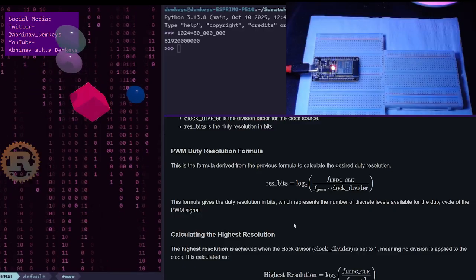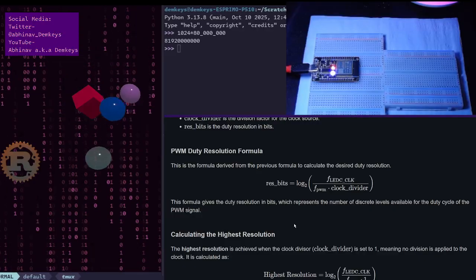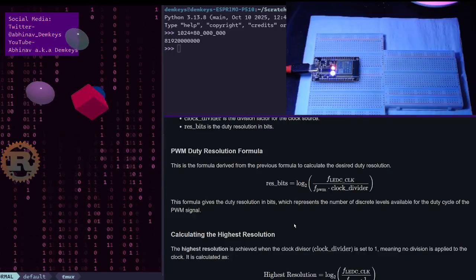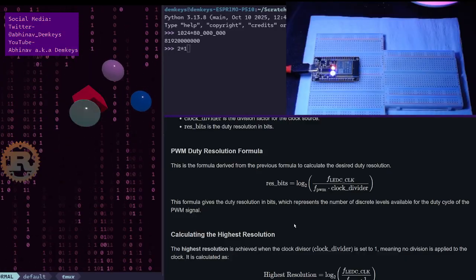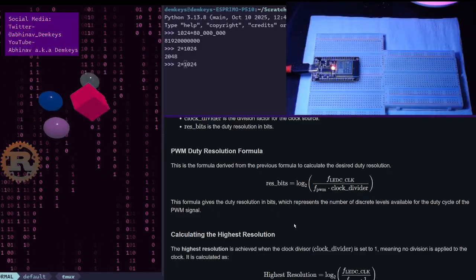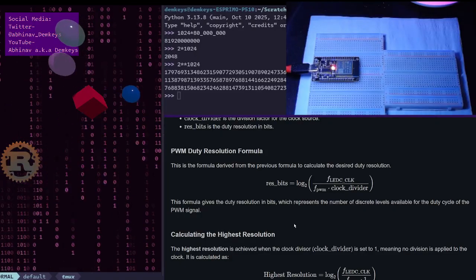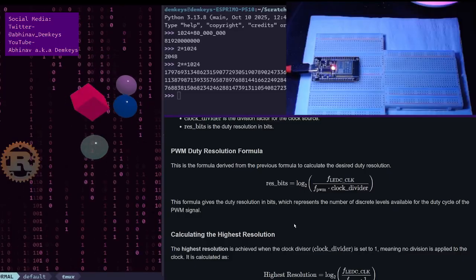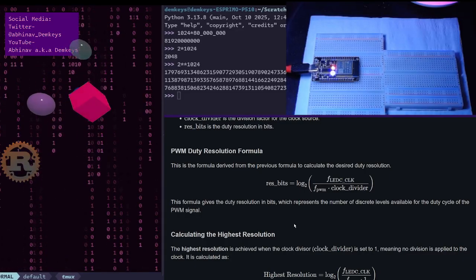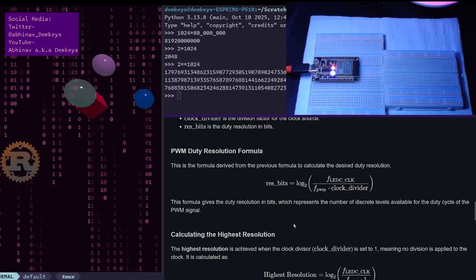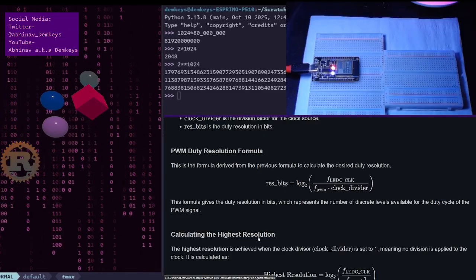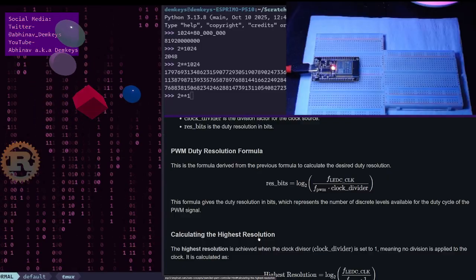Is that going to fit within 1024? 2 raised to the power 1024. Okay. Did I do that right? So that's okay. That makes sense.